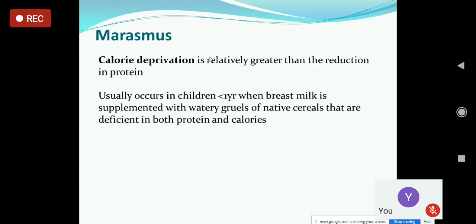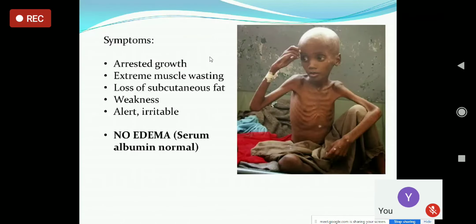Usually occurs in children less than 1 year when breast milk is supplemented with watery gruels of native cereal that are deficient in both protein and calories. Marasmus literally means to waste. It is due to calorie deprivation. The child is not getting enough amount of calories.